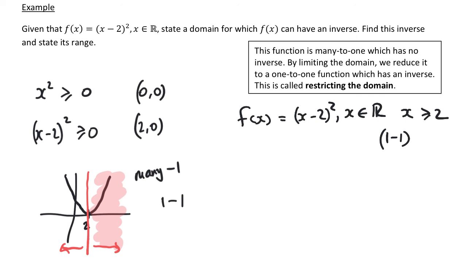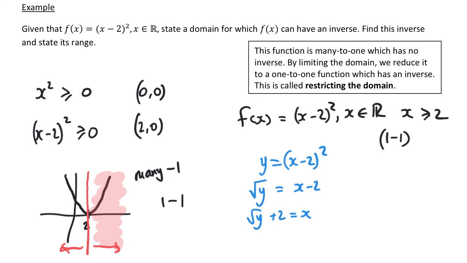Now, to work out what the inverse function is, we're going to have y equals x minus 2 squared. Take the square root. We've got the square root of y equals x minus 2. So the square root of y plus 2 is equal to x.